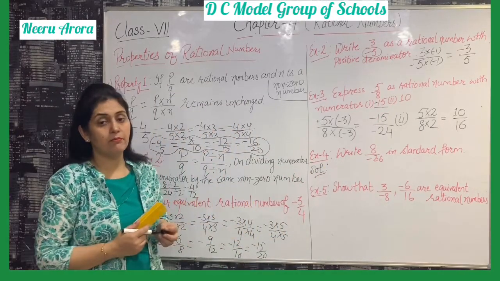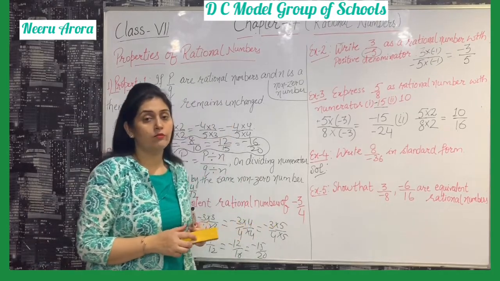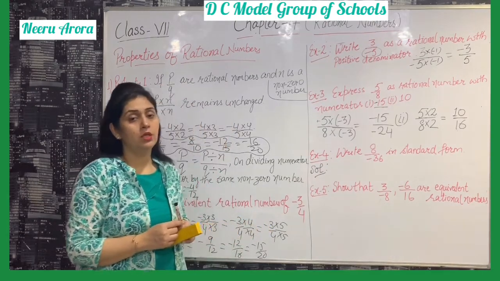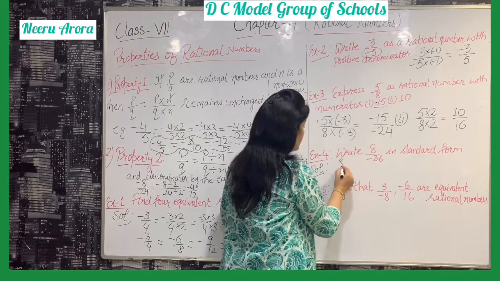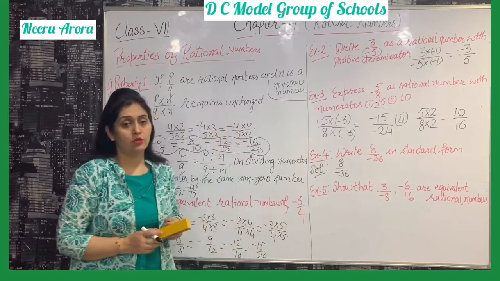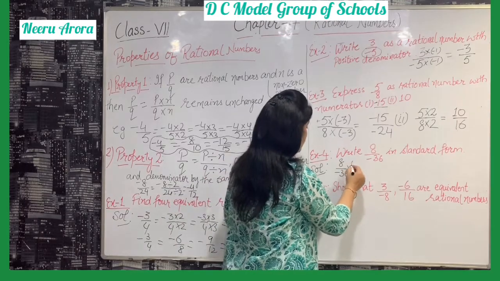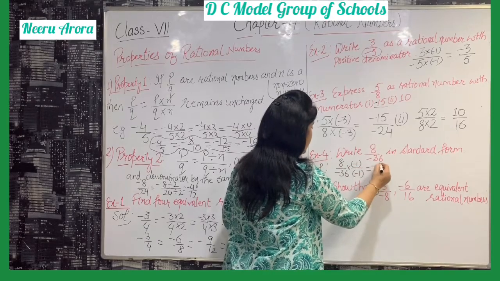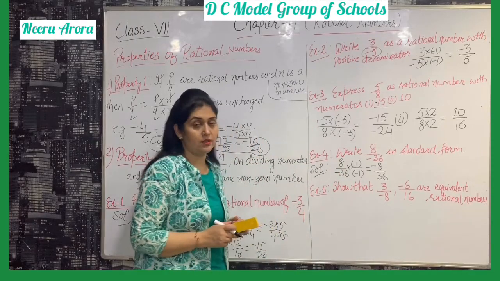Now look at example 4. Write 8 by minus 36 in standard form. When we convert 8 by minus 36 to standard form, we have two rules. The first one is that the denominator should be positive. To make the denominator positive, we multiply its numerator and denominator by minus 1. So we get minus 8 and in the denominator positive 36.